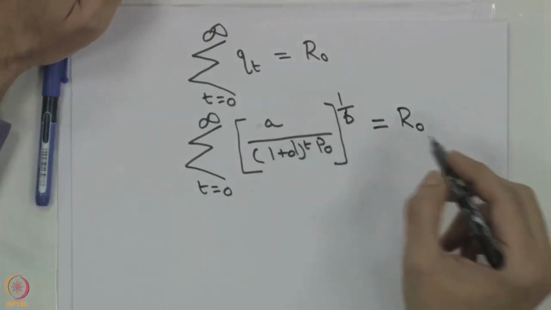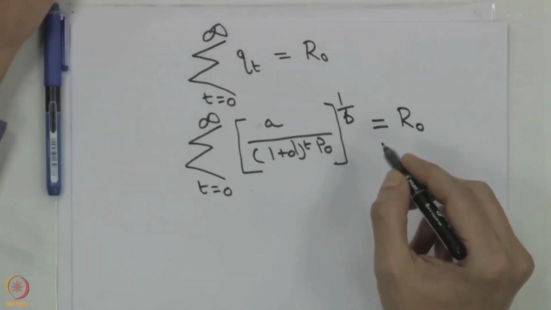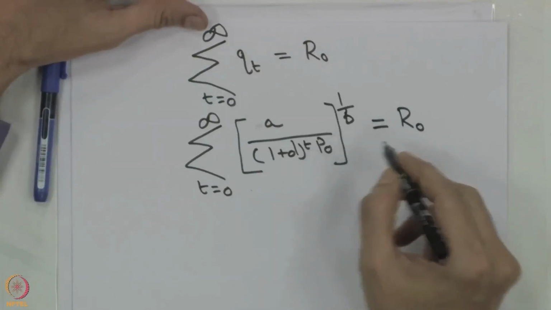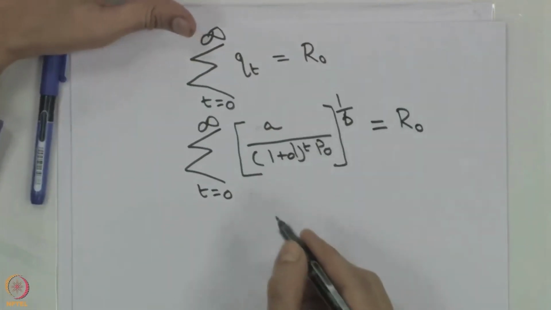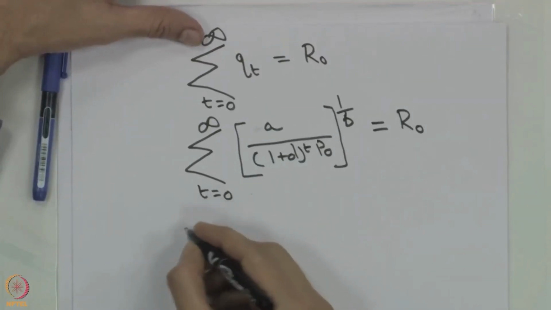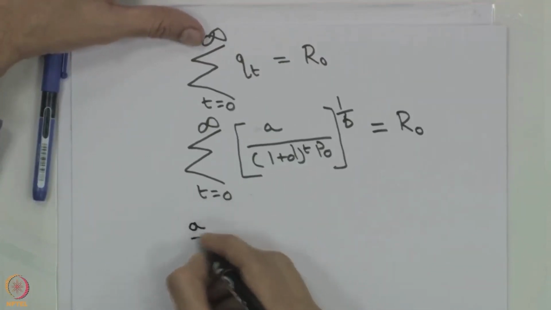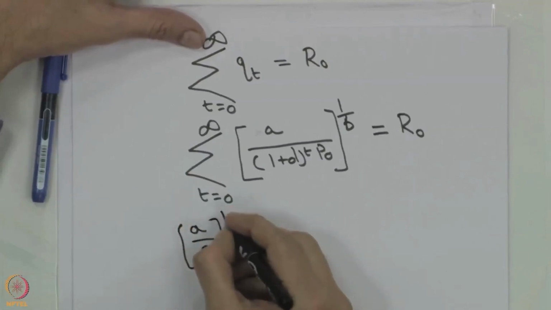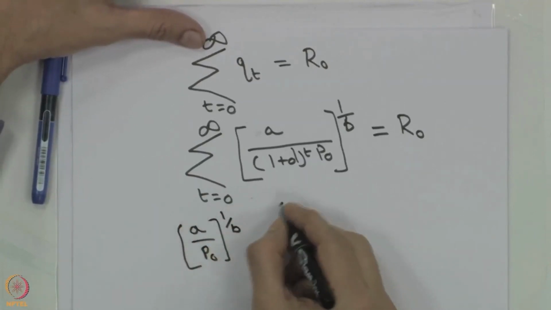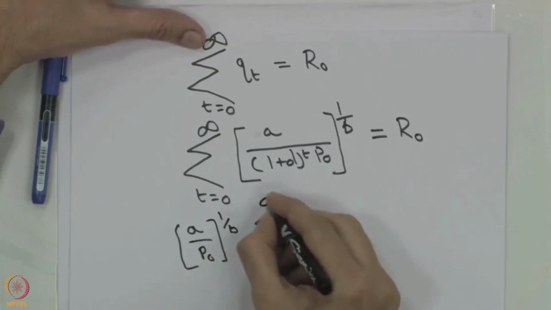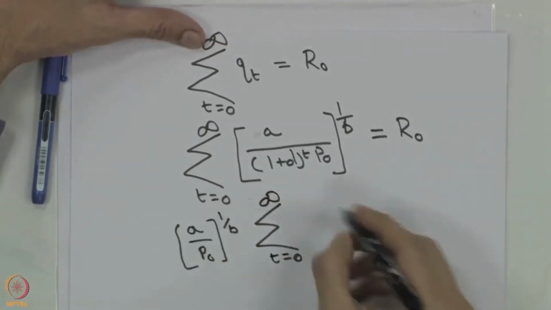And now, when you look at this, you will see that this is again a geometric progression. If we take A by p0 raised to 1 by B out, you get the sum over t equal to 0 to infinity.